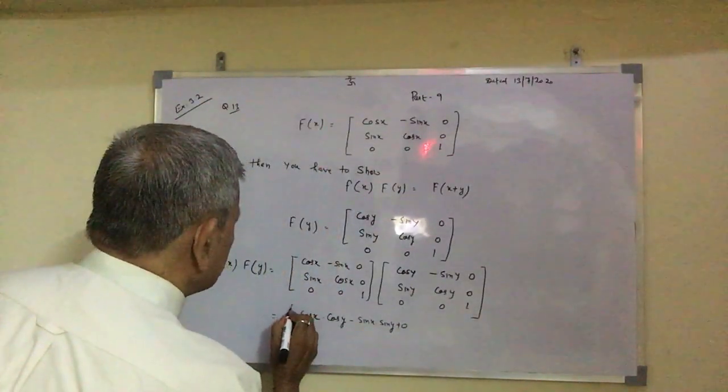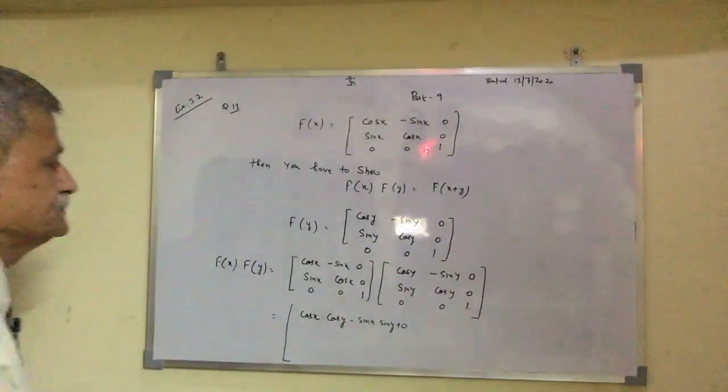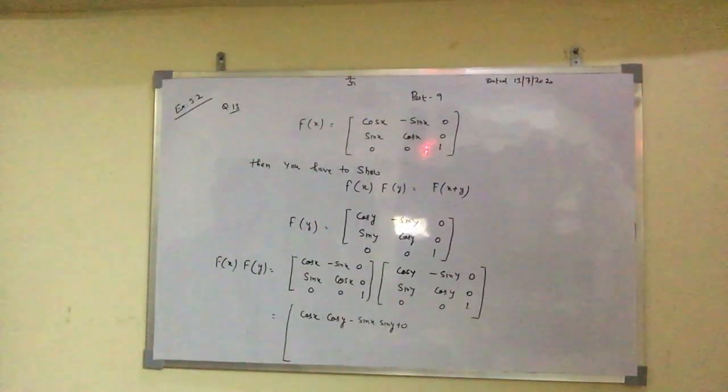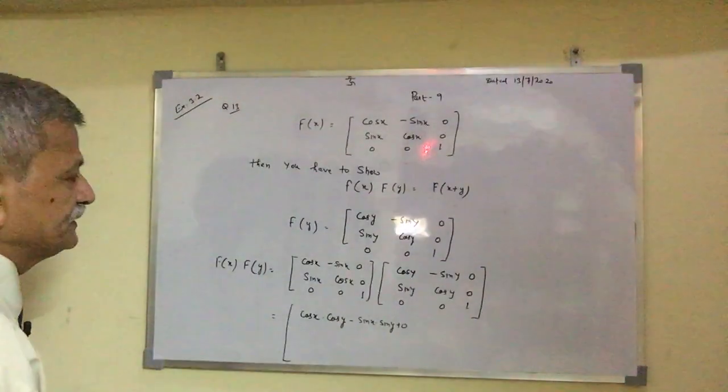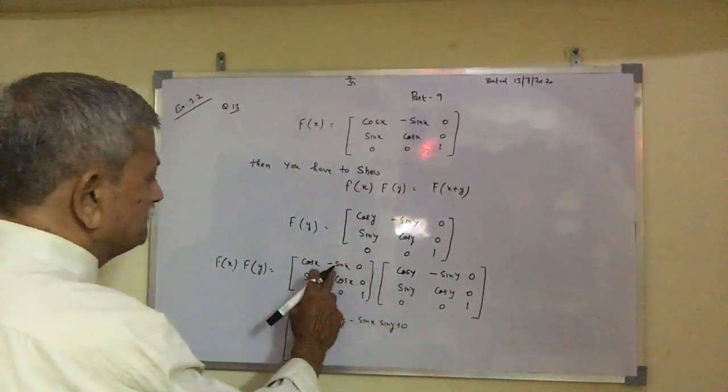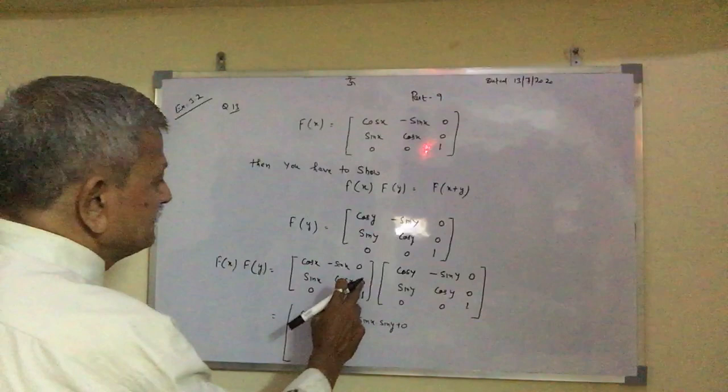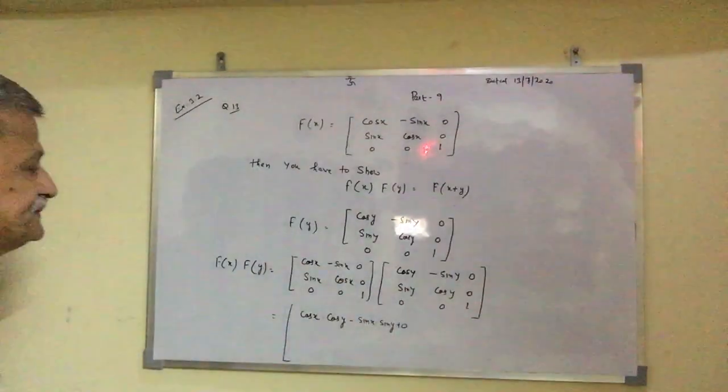So this is your first value. Cos x into cos y minus sin x into sin y, then 0 into 0 is 0.